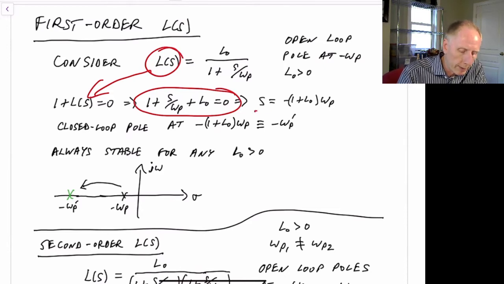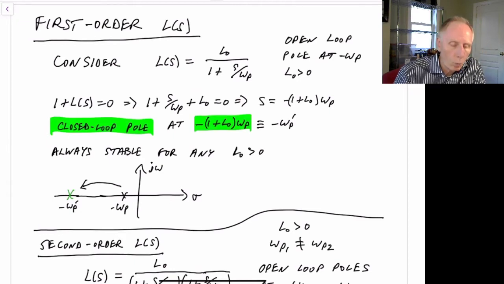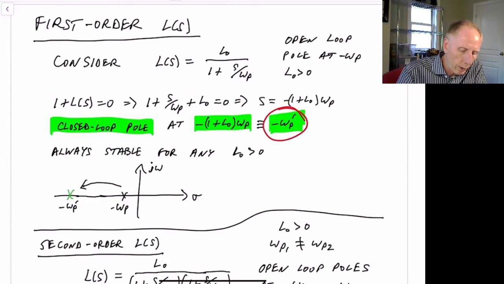We can solve for S, which is the root or the pole of this system, and we end up with S equal to minus 1 plus L naught multiplied by omega P. So the closed loop pole is at minus 1 plus L naught times omega P, and I can refer to that as minus omega P prime. So this is the closed loop pole here, whereas our open loop pole is equal to minus omega P.